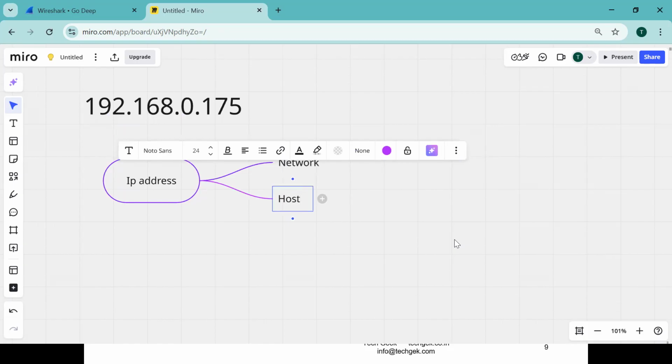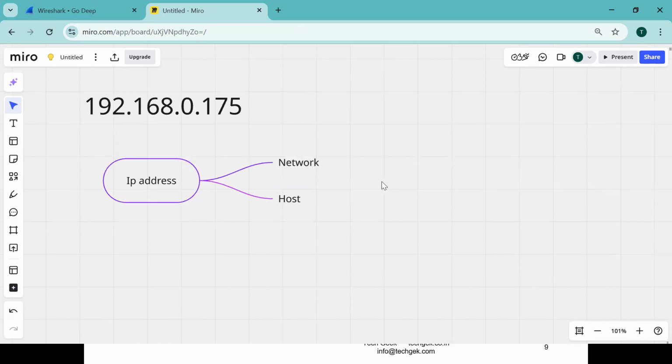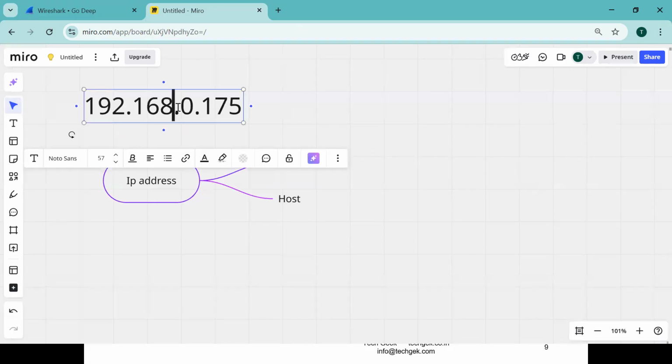We have these four octets, right? Over these four octets, some of the octets can be used as network and some as host. So it means like one network and three hosts, or two network and two hosts, or three network and one host. It all depends upon the classes, what type of class we have.